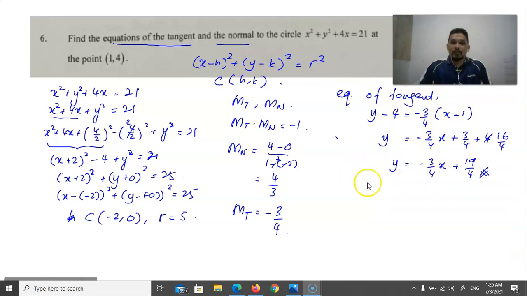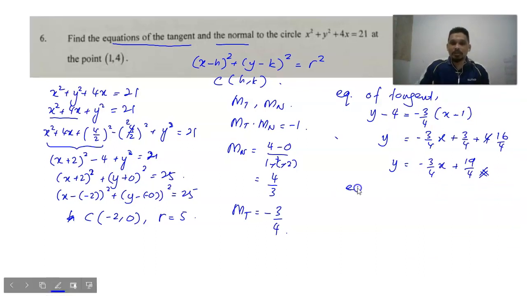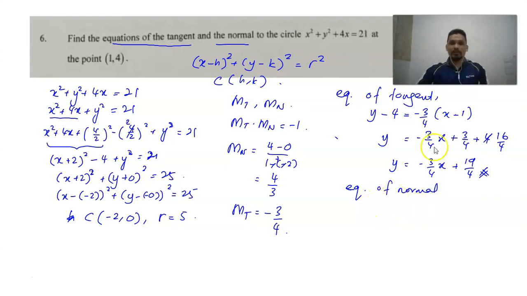Okay, what about the equation of normal? Of course we're going to use the gradient of normal and the coordinate (1, 4) or the coordinate (-2, 0); it's all up to you. Then the equation of normal: y minus 4, and the gradient of normal here, which is 4 over 3, times (x minus 1).